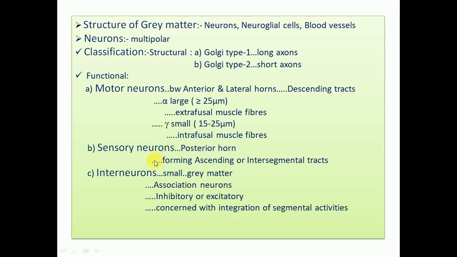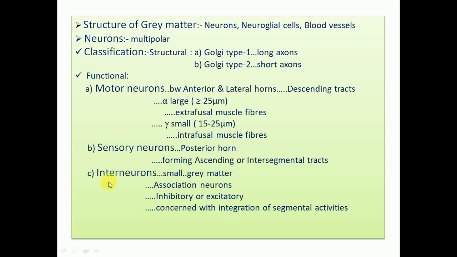Second are the sensory neurons. They are present mostly in the posterior horn and provide the sensory modalities. They also form the ascending tracts, because they carry information from the periphery to higher centers, or sometimes they form intersegmental tracts that connect different segments within the spinal cord.